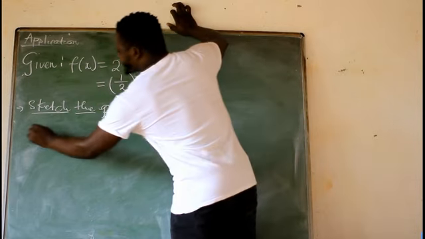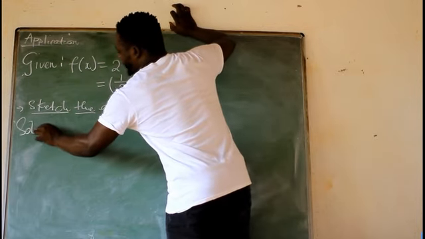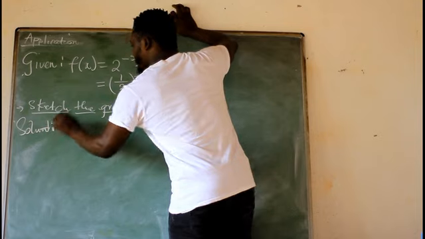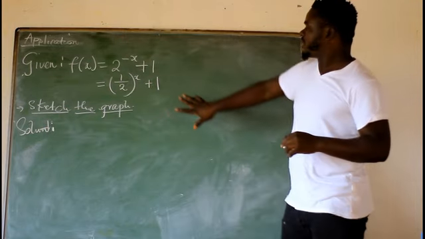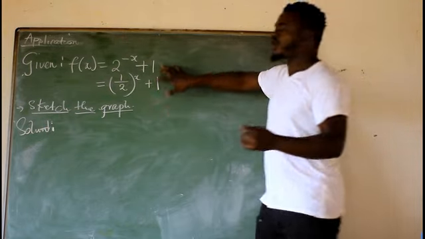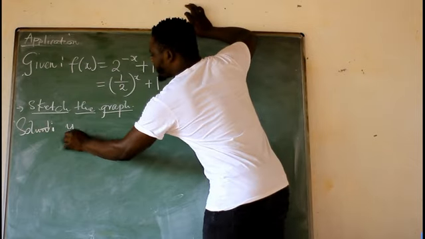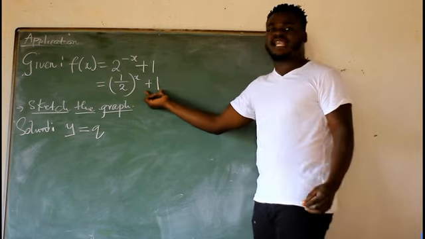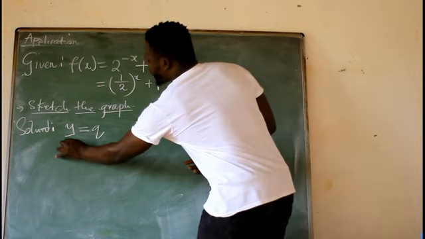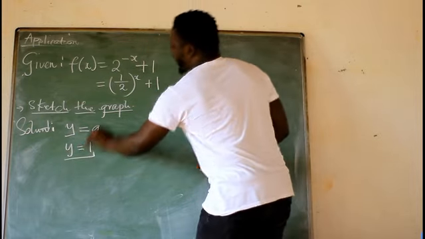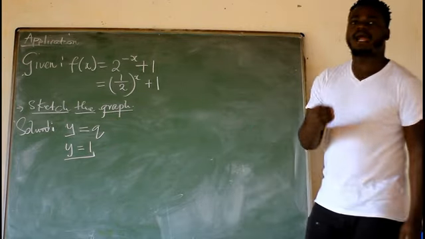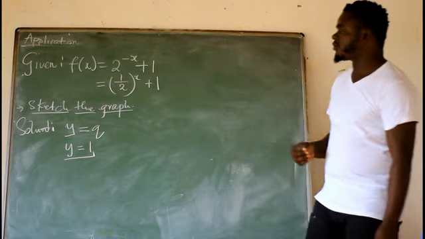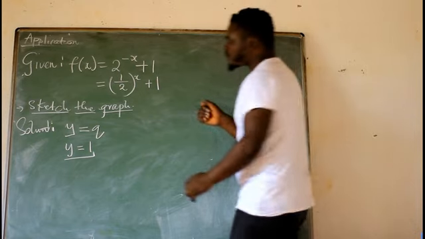So, solution: you need to find the horizontal asymptote. The horizontal asymptote is given by y equal to q. Our q in this graph is 1. Therefore, the horizontal asymptote is y equal to 1.